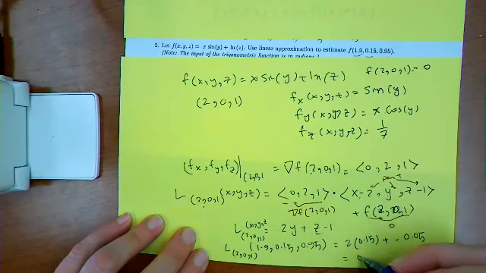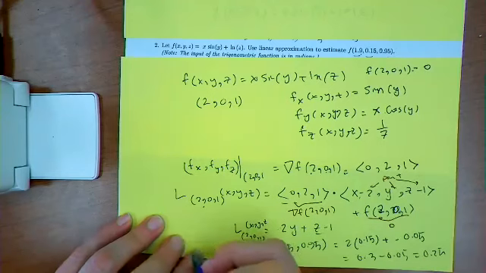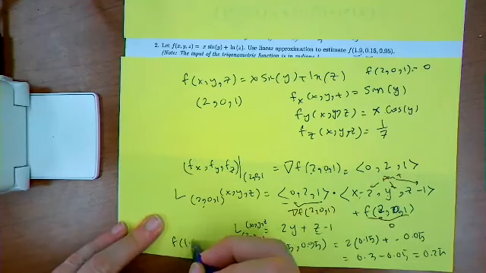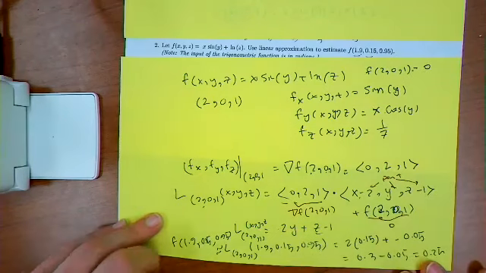And so I have 0.3 minus 0.05, which is equal to 0.25. And so the function at 1.9, 0.15, and 0.95 is approximately that, basically.